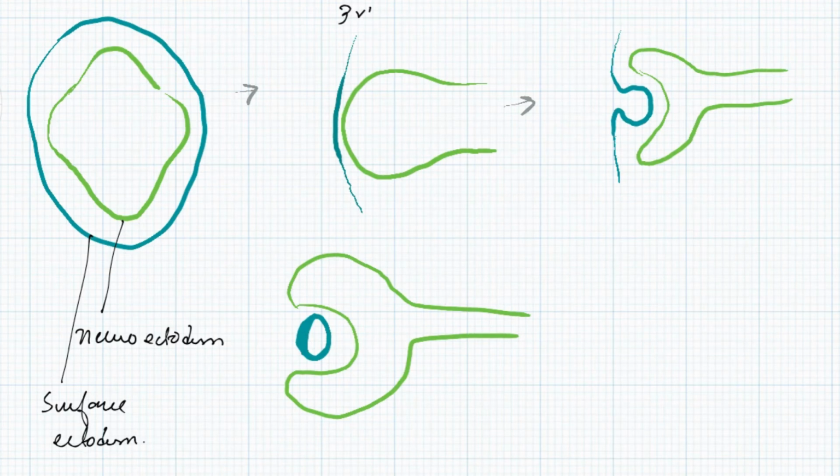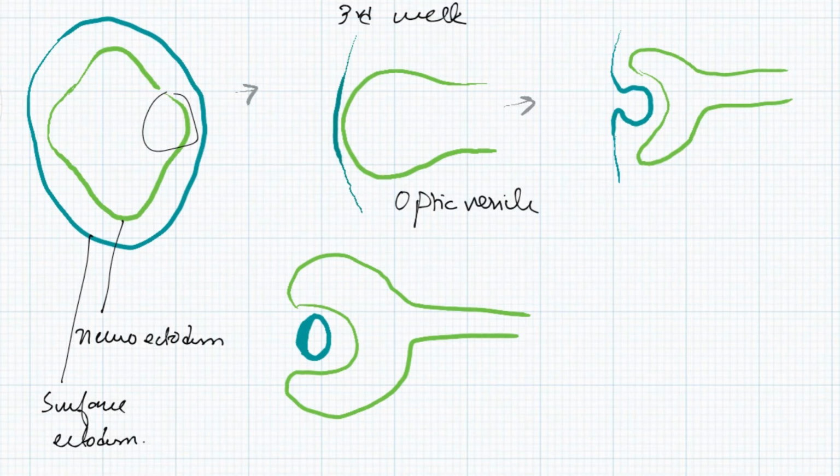During the third week of gestation, the diencephalon makes a projection from here and makes the optic vesicle. The surface ectoderm from the center thickens and forms the lens placode. So we can say that during the third week of gestation, the development of the eye initiates.